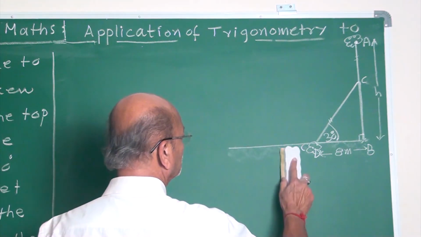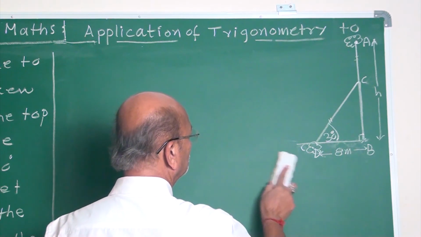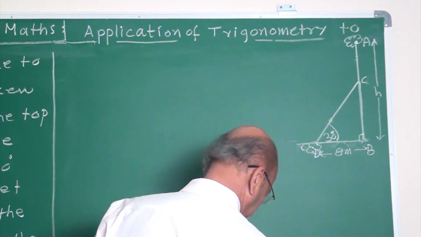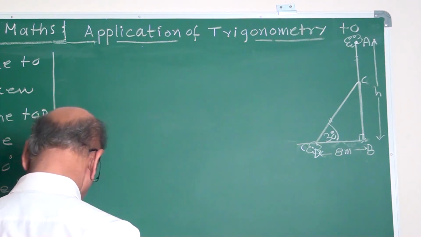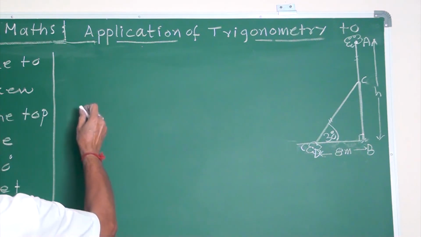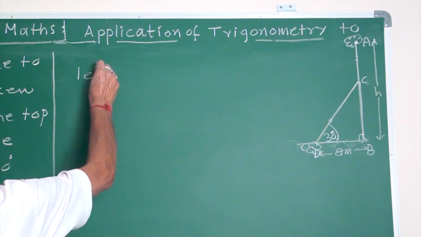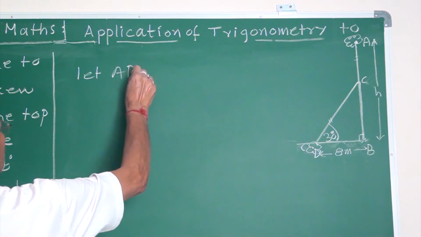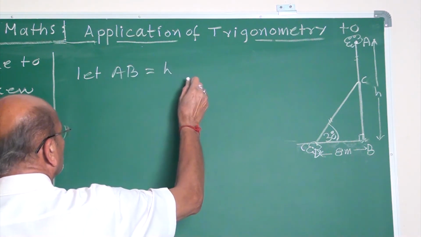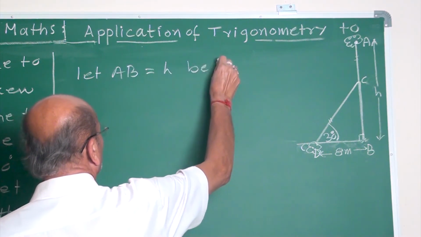Yes, my friends. Right. Let us solution. Let AB equal to H be the height of the tree.